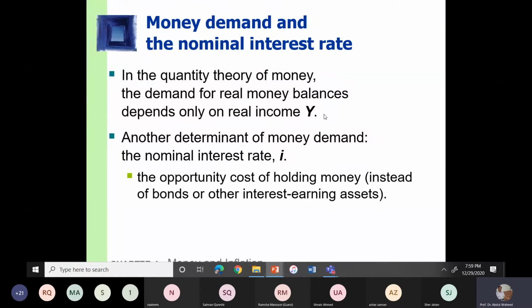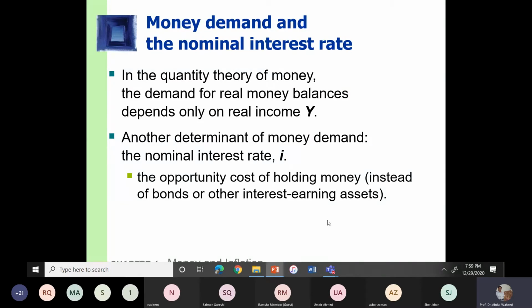If real income increases, and real income is the real output, this means now more goods and services are available, and to make transactions you need more money. Therefore, demand for money will increase.